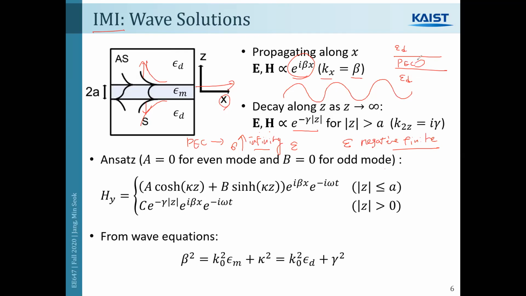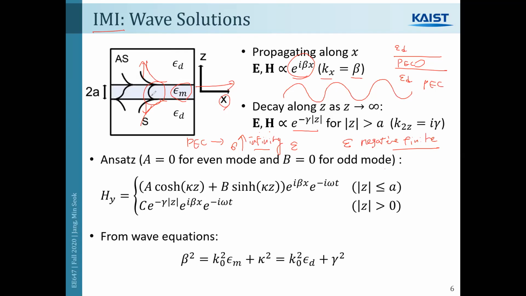So there's no guiding solution basically in this PEC IMI waveguide. But in actual metal with finite epsilon, now you have field inside the metal allowed, right? So that you can have a solution in this case.